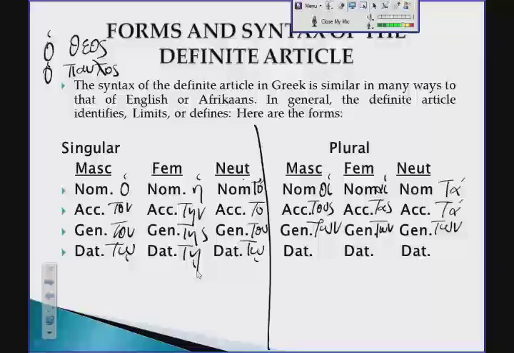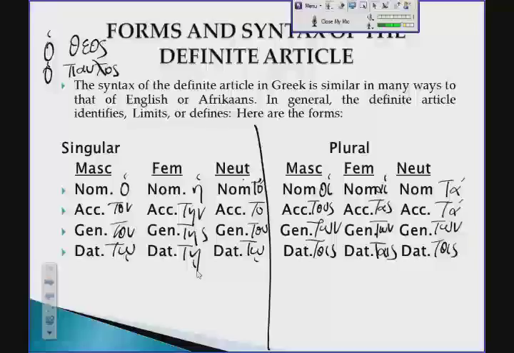Okay? And then the masculine plural dative, you have tois. The feminine, what is that? Tais. Okay? And then you also have tois, just like your masculine. Okay? These are just the definite articles. Case, number, and gender, all summarized. You don't have a vocative in the definite article. You can forget about it.